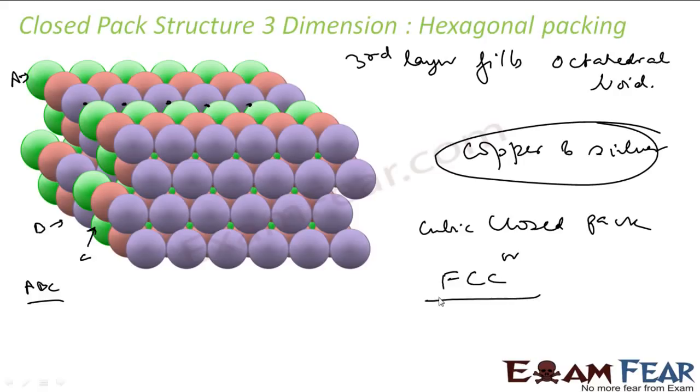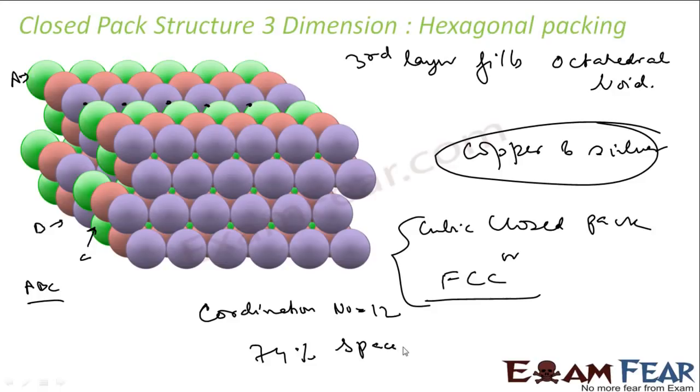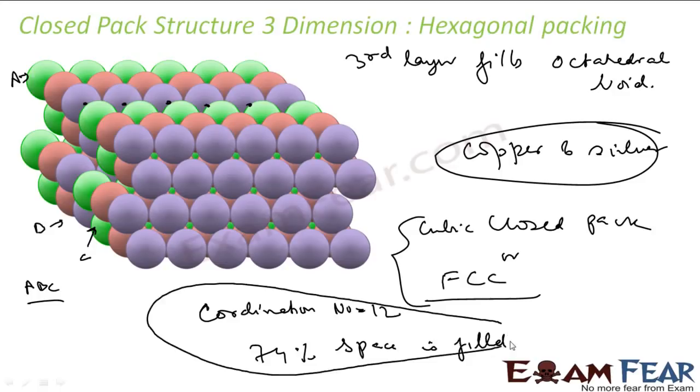Here also the coordination number is 12, and here also almost 74% of the space is filled. Same as hexagonal closed pack. This is the same, but the name is different: cubic closed pack or face centered cubic.